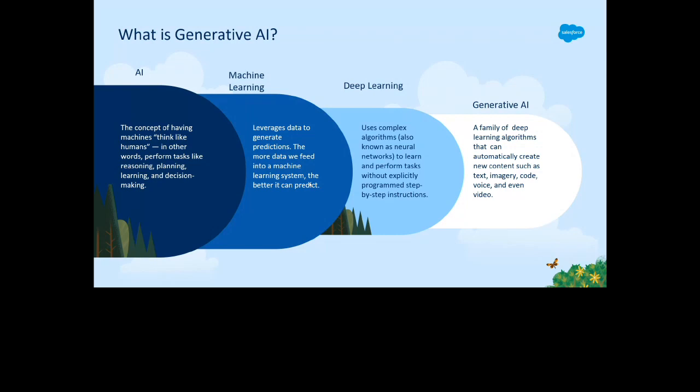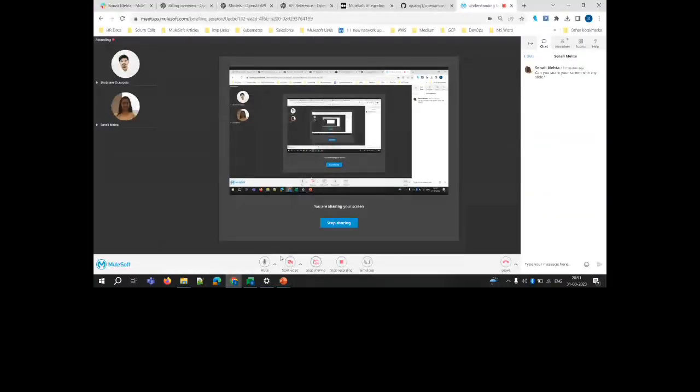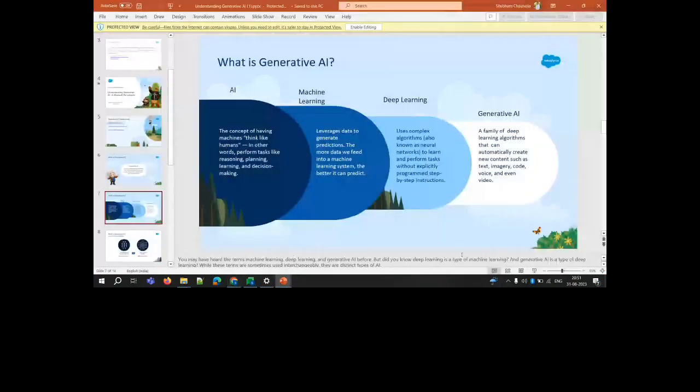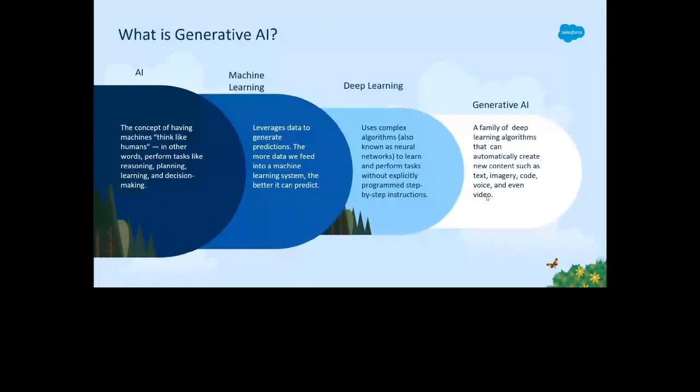But generative AI is a much more advanced version than deep learning, because generative AI is a family of deep learning algorithms that can automatically create new content based on the input prompts you provide, like text, images, code, voice, even videos.